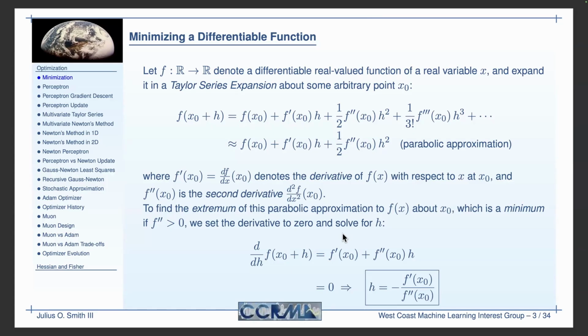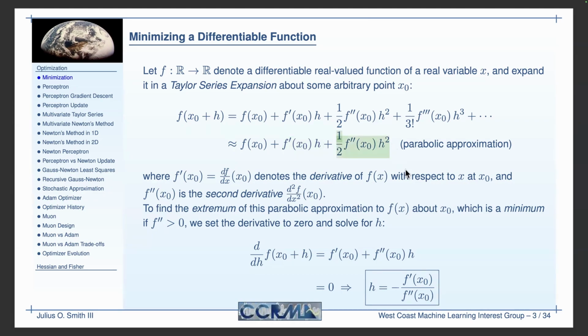We approximated this thing as a parabola about some point x0, which can be anywhere on the parabola. And so what we do then is just jump to the bottom, and the bottom is characterized by a zero gradient because there's only one point in a parabola that has a zero gradient, and that's the minimum or the maximum. And to see whether it's a minimum or maximum, we look at the sign of the second derivative.